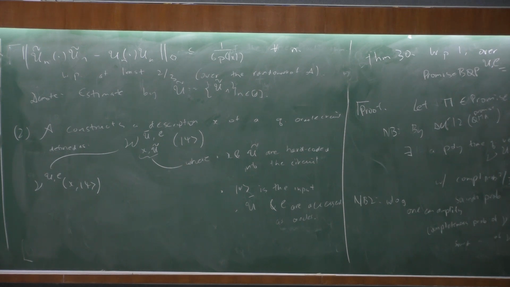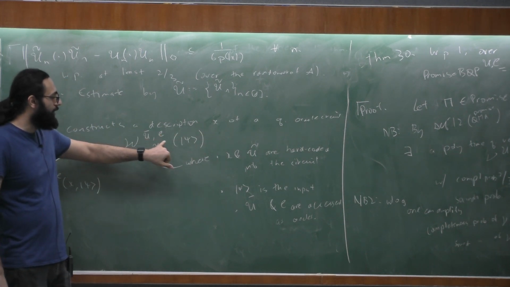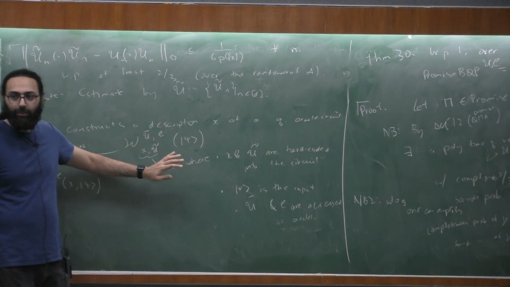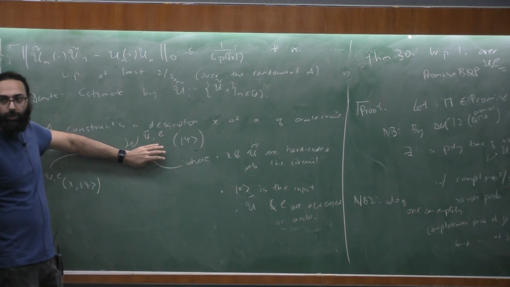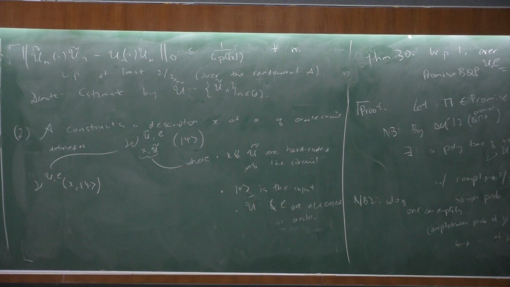So remember the definition of the language C. In the definition of the language C, X was supposed to describe a quantum algorithm that queries U bar C and takes as inputs psi. So it's exactly of that form. This part is hard coded into the description, right?